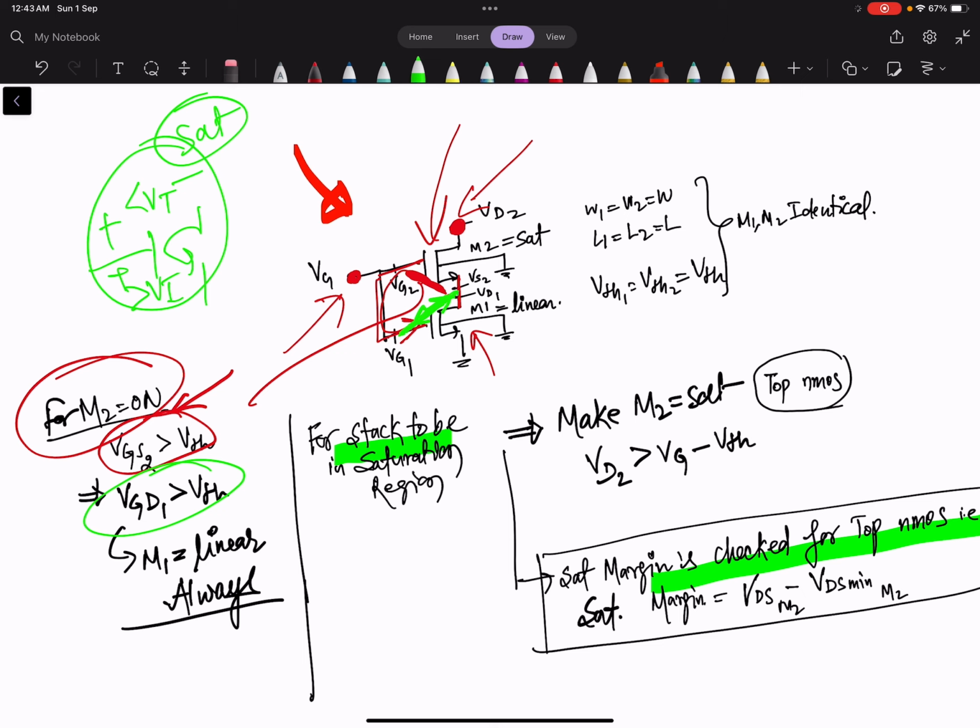But here this VGD is greater than VT, if you see here. So this M1, the below one, will be in the linear region.